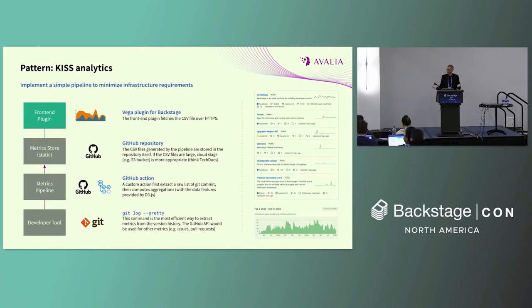For the pipeline, I'm going to use GitHub Actions, and then I'm going to store the results directly in GitHub. And of course, there are many reasons why this is not a very good idea. The main reason why I made this choice here was to have an end-to-end demo, and I will come back to the things to watch out for.